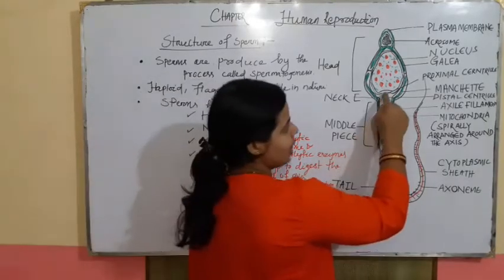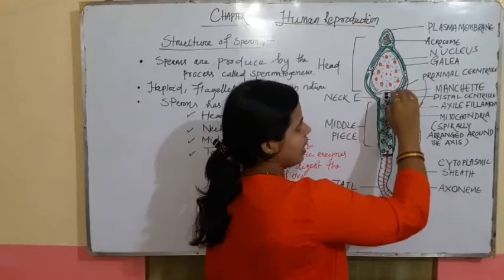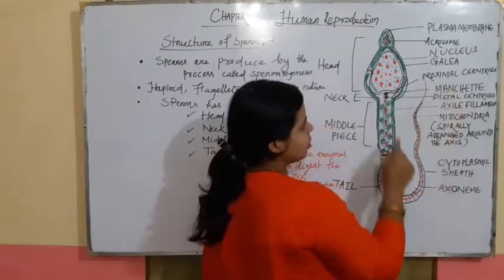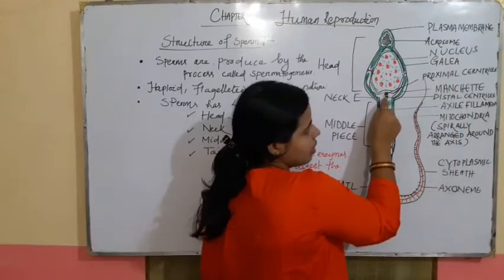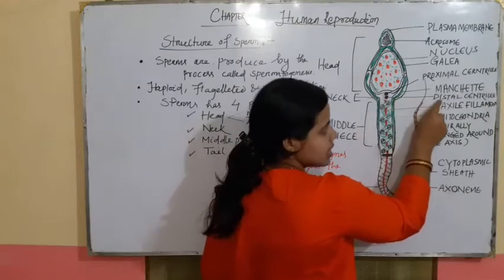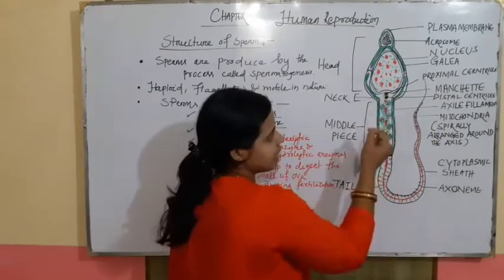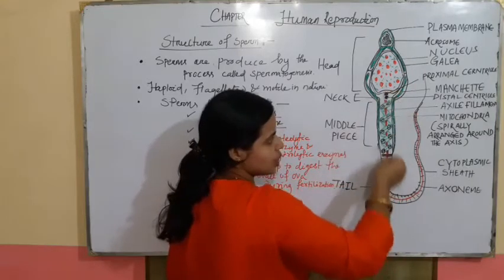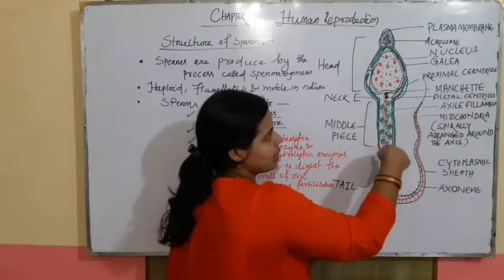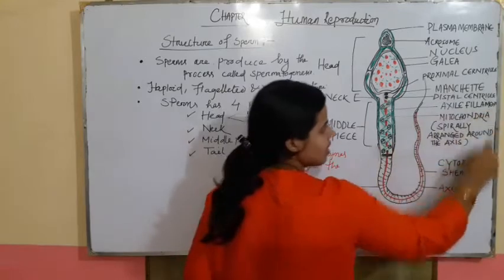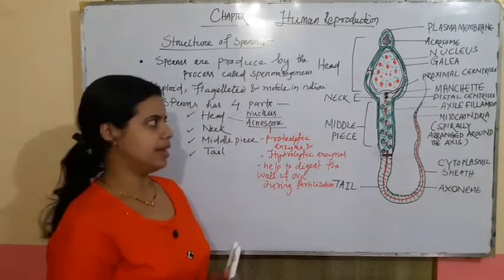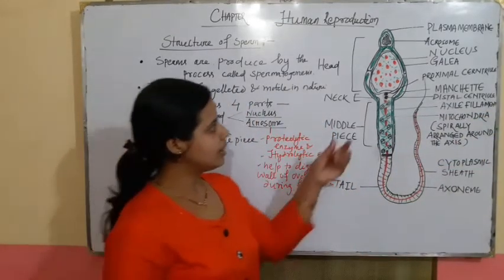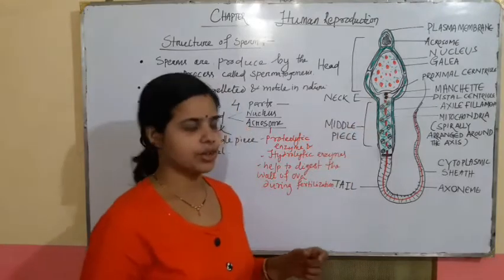The upper one, which is not connected to any other part, is called the proximal centriole, and the other centriole is called the distal centriole. Distal centriole possesses a line structure here, that is called the axial filament. Okay, and this is about the neck structure.